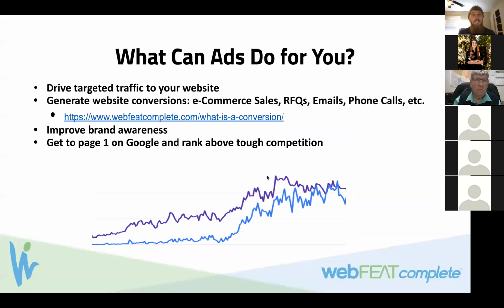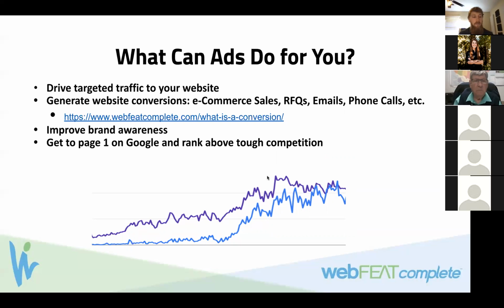So what can ads do for you? Google Ads can, number one, drive targeted traffic to your website, given the fact that the way Google Ads works is you basically bid on specific keywords that you want your ads to show up for. And so by doing that, you're naturally going to drive targeted traffic to your site. Additionally, and probably one of the main reasons you'd be interested in running Google Ads, is to generate website conversions.